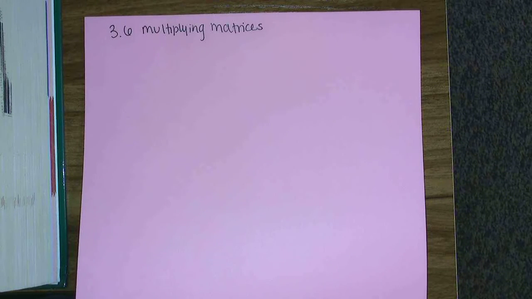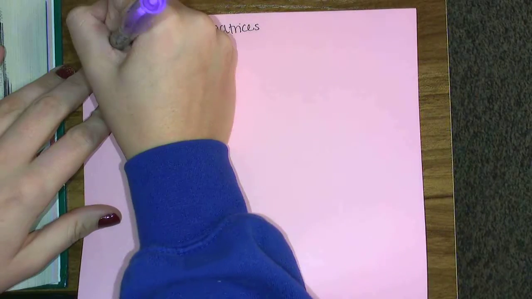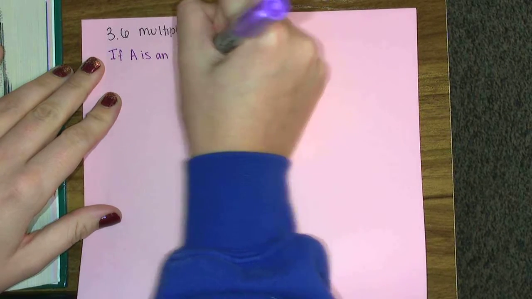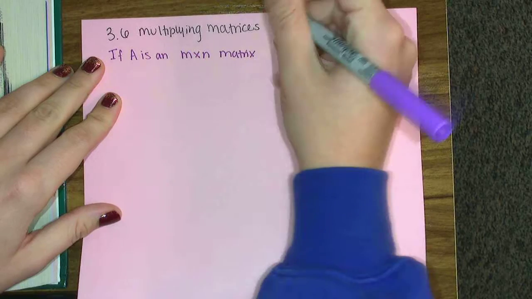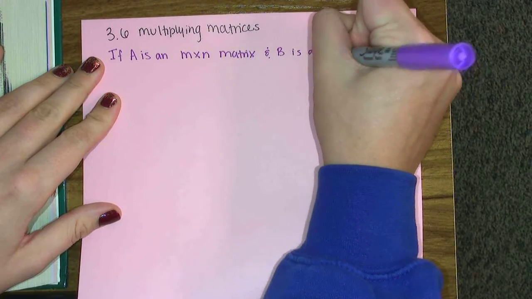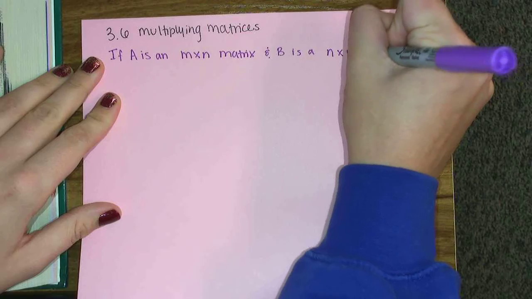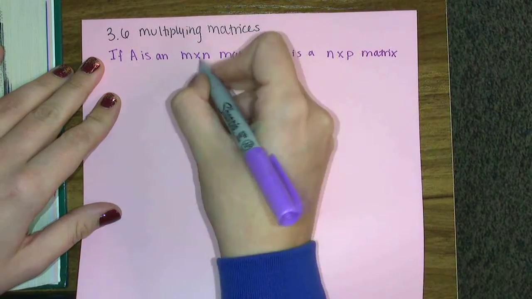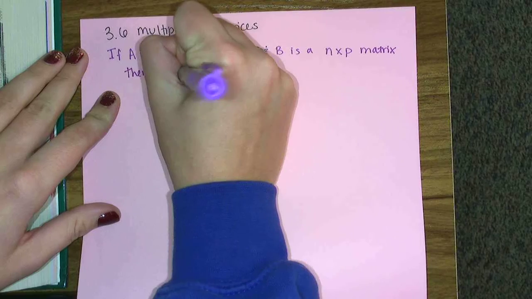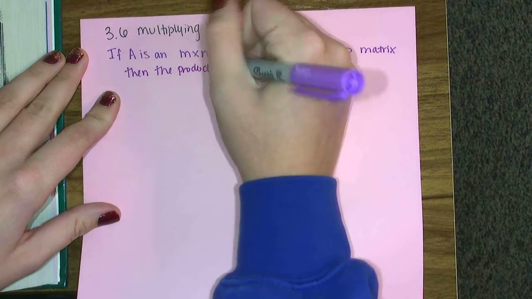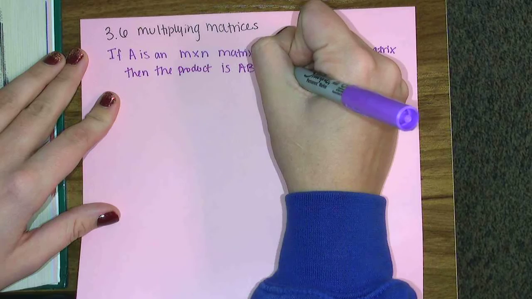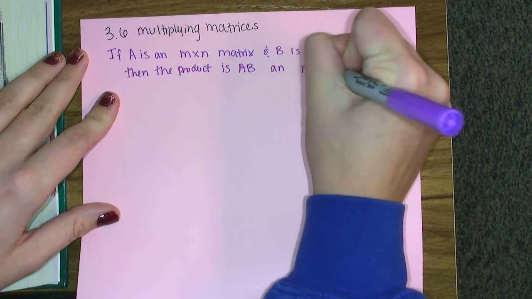So if A is an M by N matrix and B is an N by P matrix, okay, remember these are the dimensions for them, then the product is A times B, and the result will be an M by P matrix.